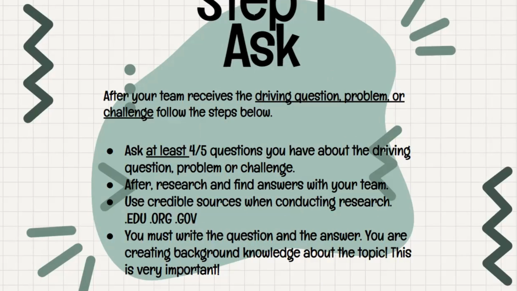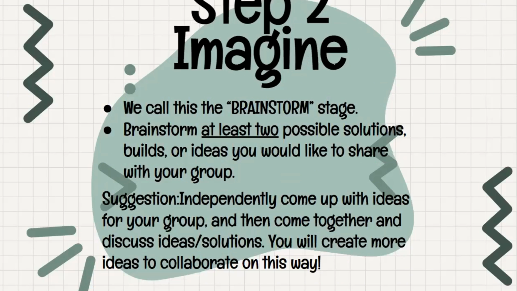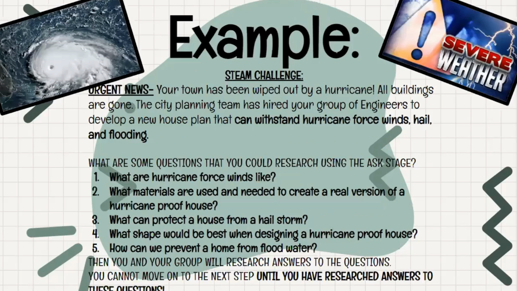But if you're in maybe an 8th grade class or a 7th, even a 6th grade class, they might ask you to come up with more research questions in the ask stage. And as well as the brainstorming stage, I only ask my students to come up with 2 possible solutions to your build or your PBL, but you may have a teacher that wants you to come up with more than 2. So I just wanted to go over that before I move on.